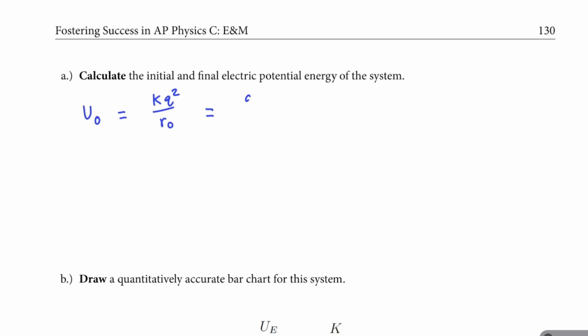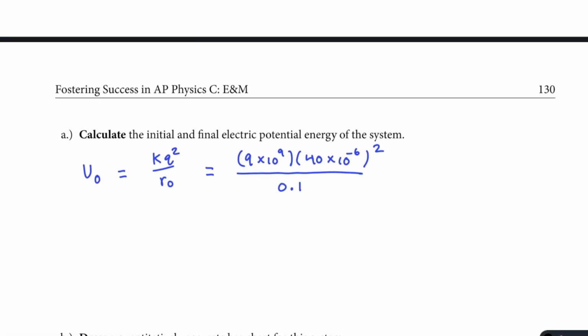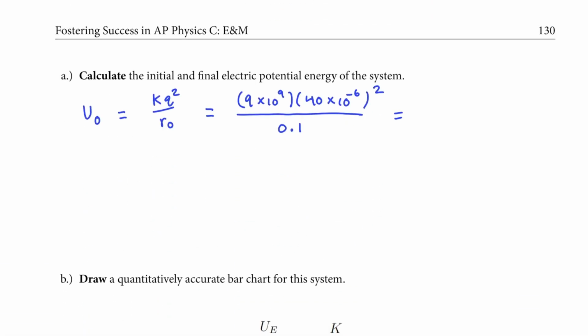So I'm going to put in my 9 times 10 to the 9th for Coulomb constant, 40 microcoulombs, so don't forget your 10 to the minus 6. Both of those had that charge. And my initial separation was 0.1 meters. If we plug all this in, magically a nice number pops out. This is going to be 144 joules.